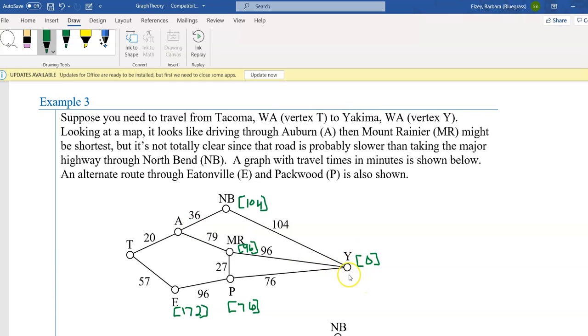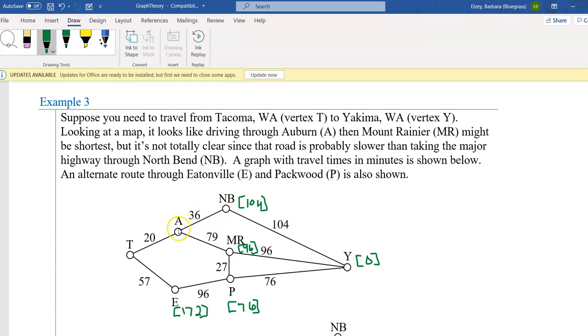Our final destination is Y. So if we think about Mount Rainier and North Bend working backwards here, really we want the shortest route between these two. And the shortest route is the 36.